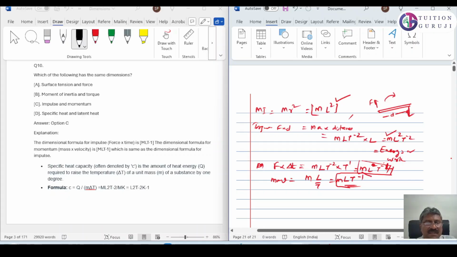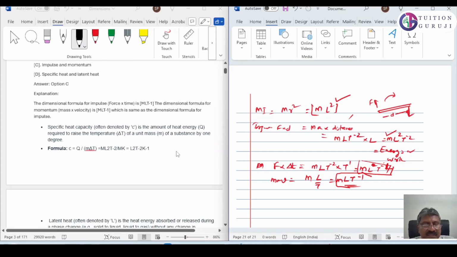Okay, that's correct. Next is specific heat and latent heat. What is specific heat? Specific heat is the amount of heat energy required to raise the temperature by delta T of a unit mass of a substance by 1 degree.